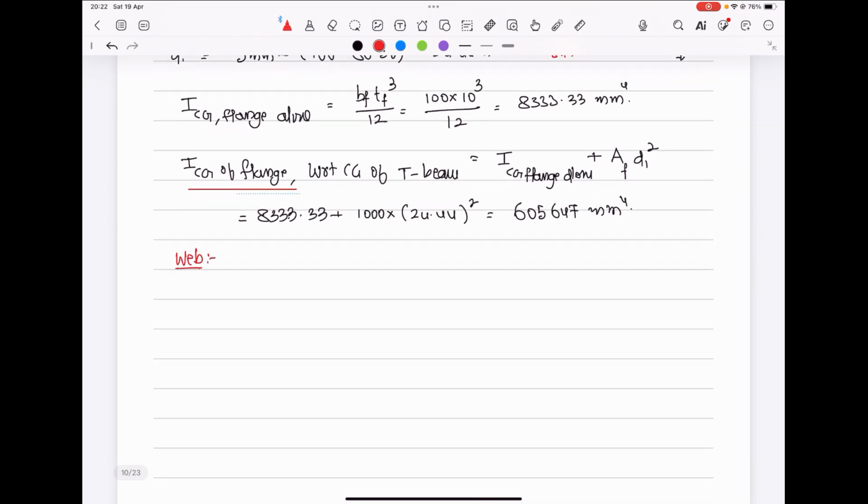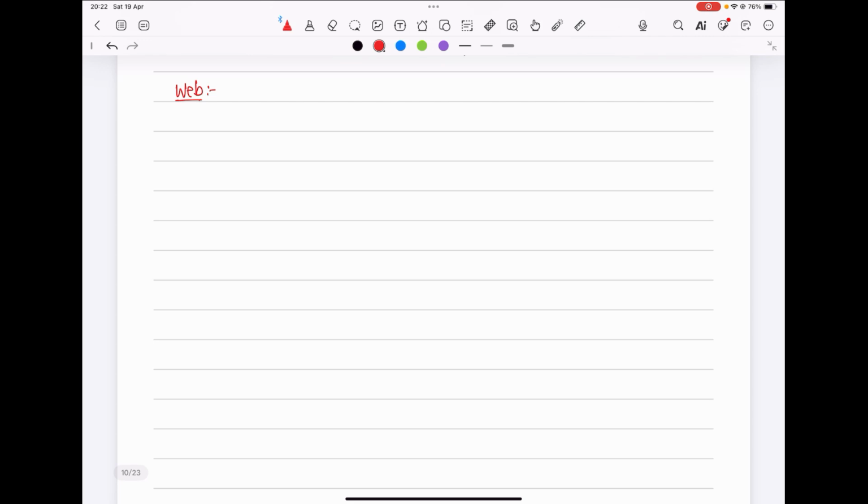ICG of web with respect to T-beam center of gravity is equal to ICG of web self plus A2 into D2 square.